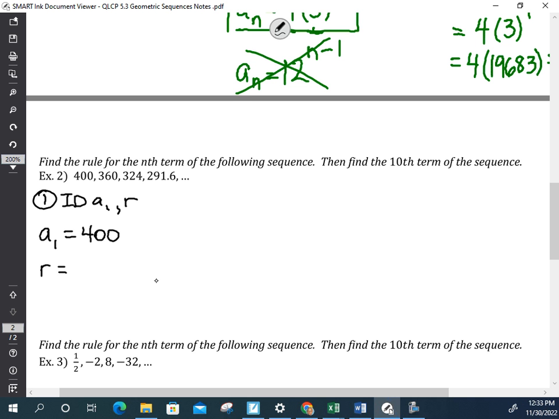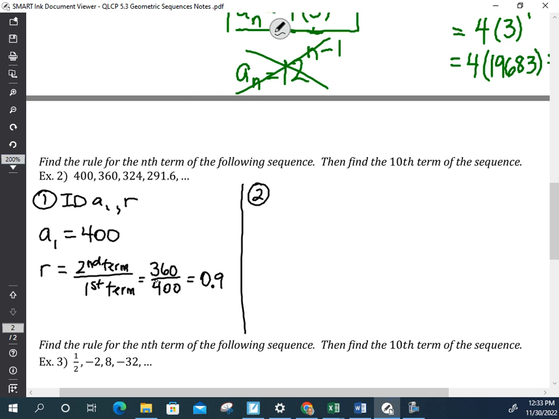To get the R value, that's second term divided by first term, which we did on this one already. Ends up being 0.9. So that's step one. Step two is to write the formula.